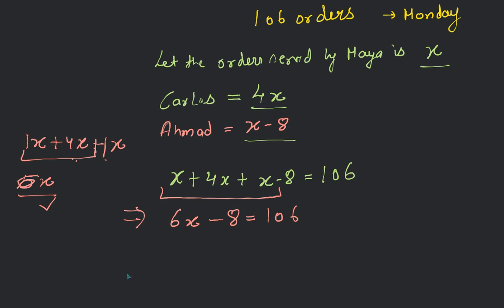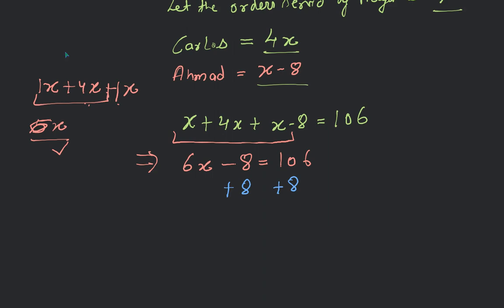Using the addition property of equality, we can add 8 to both the sides so that the 8 gets cancelled out from one side, because they are equal numbers but opposite in sign.